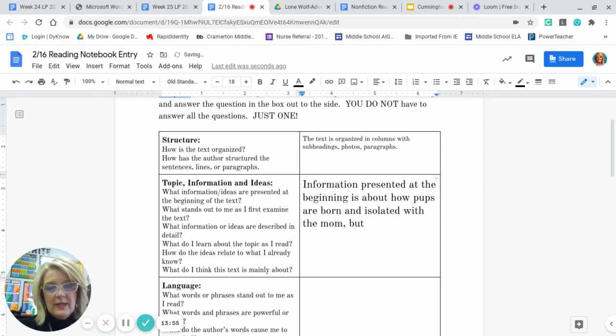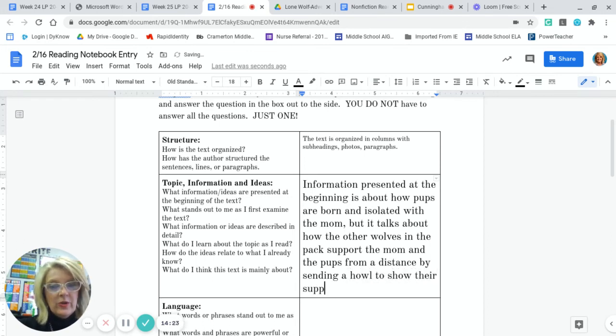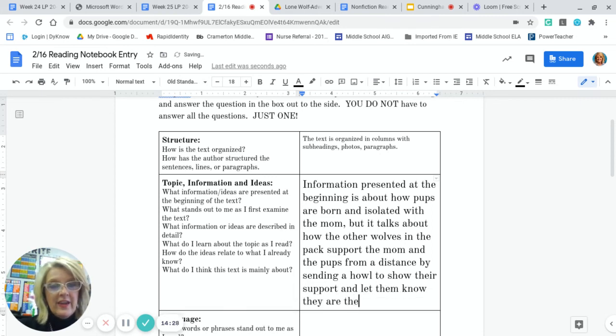But it talks about how the other wolves in the pack support the mom and the pups from a distance by sending a howl to show their support and let them know they are there for them.